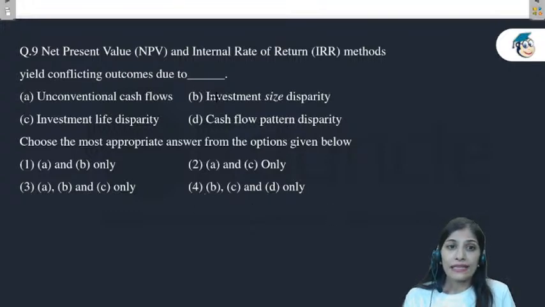Under NPV and internal rate of return methods, conflicting outcomes come, that means the result would be conflicting due to what? Due to investment life disparity, cash flow pattern disparity.